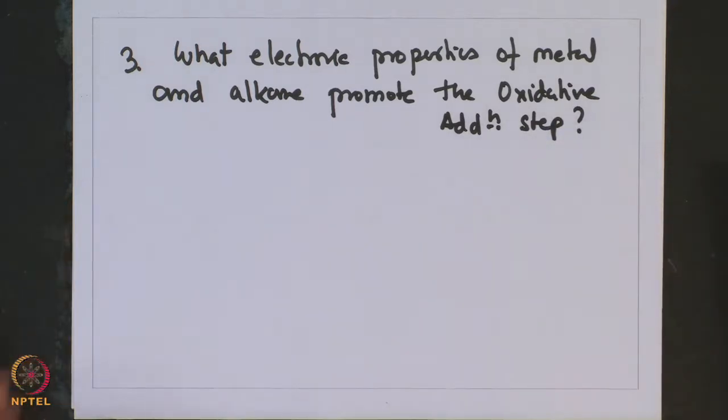Now, before we go into details, I would like to note that we have discussed some aspects of the requirements as far as the metal is concerned. What we had seen in the earlier discussion is that for the C H activation to proceed, the metal has to be sterically as well as electronically unsaturated, and the metal also has to be electron rich so as to undergo the oxidative addition step.